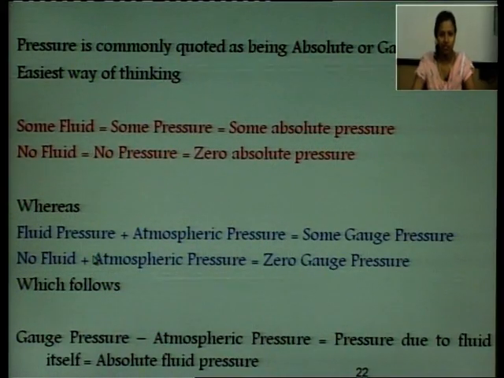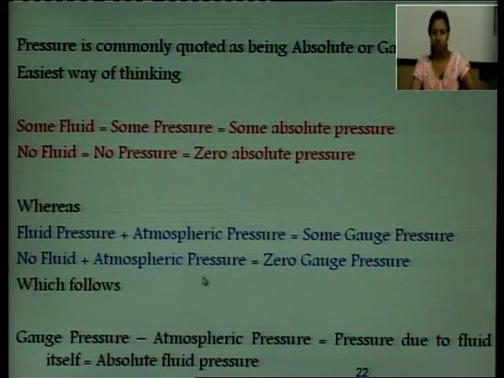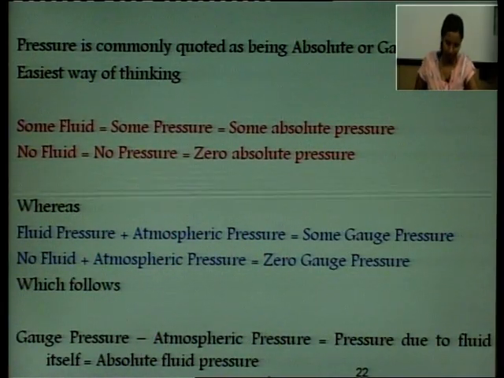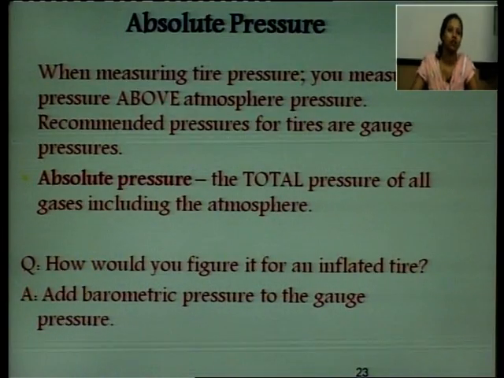Whereas fluid pressure plus atmospheric pressure is equal to some gauge pressure. If there is no fluid, then there is only atmospheric pressure, and the total of these two is equal to 0 gauge pressure. So, gauge pressure minus atmospheric pressure is equal to the pressure due to the fluid, or absolute fluid pressure.